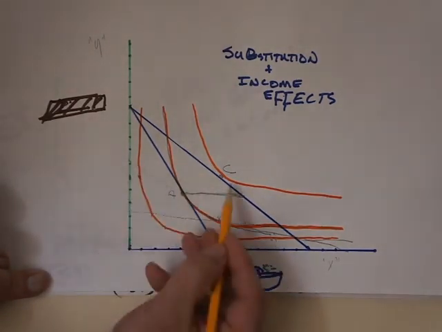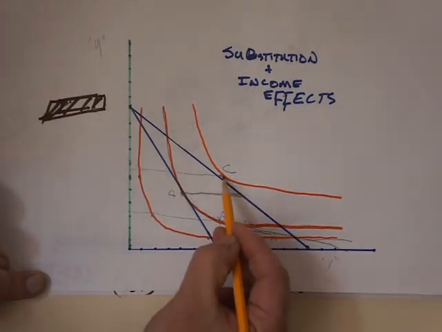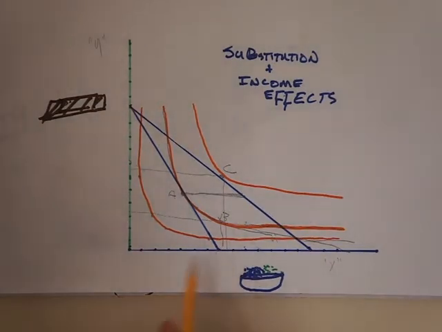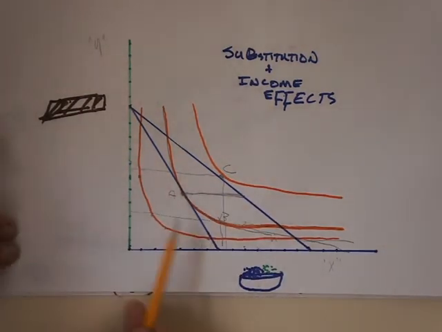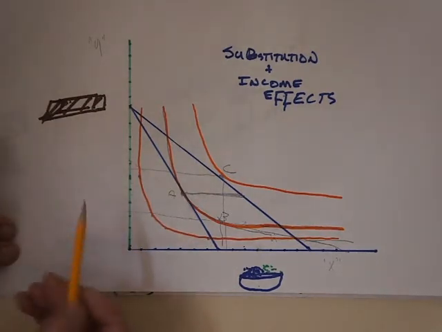Now, because it is the price of fruit that has changed, we're gaining more fruit relatively than we are chocolate bars as we move.